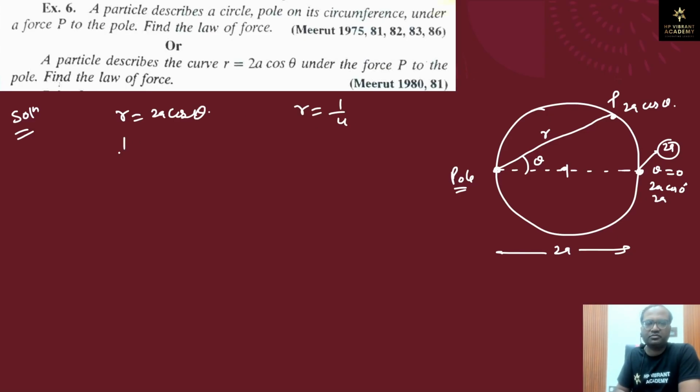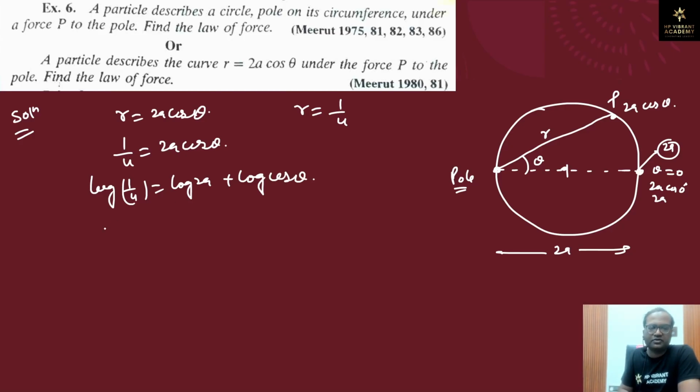So let us put 1 upon u is equal to 2a cos theta. Let us take log both sides. So log of 1 upon u is equal to log of 2a plus log of cos theta. So from here we have minus log of u is equal to log of 2a plus log of cos theta.